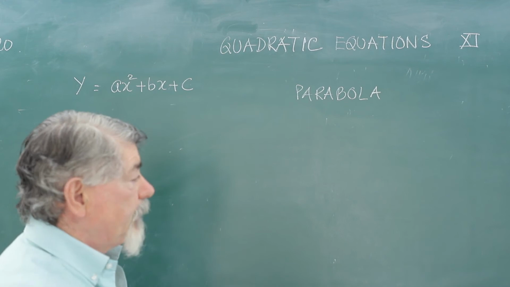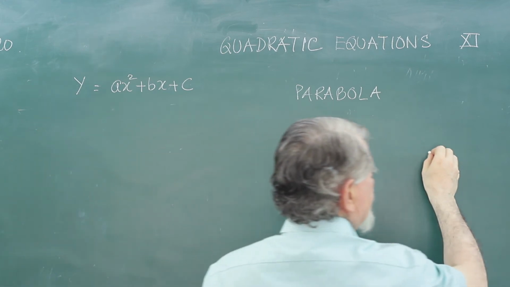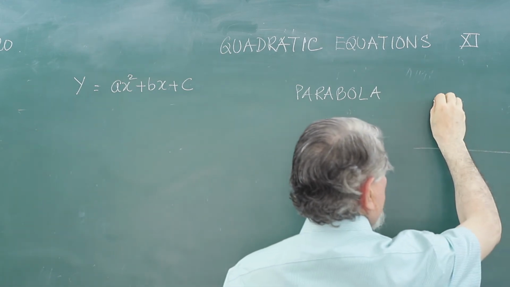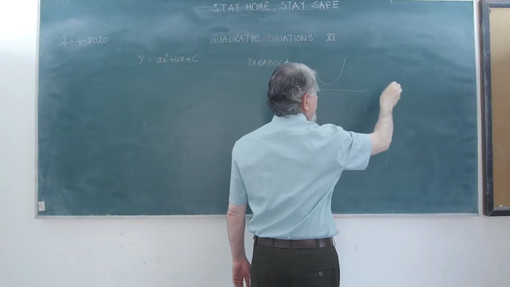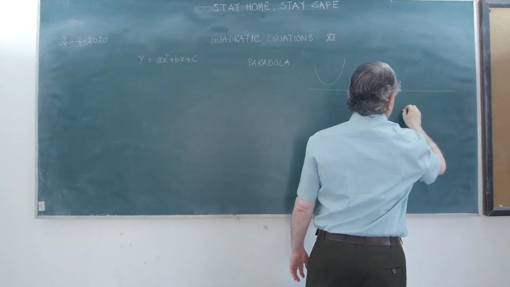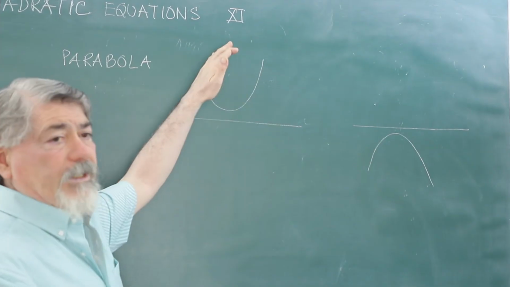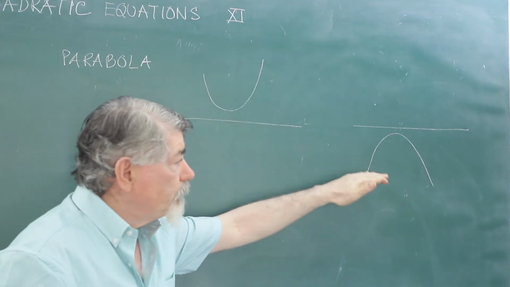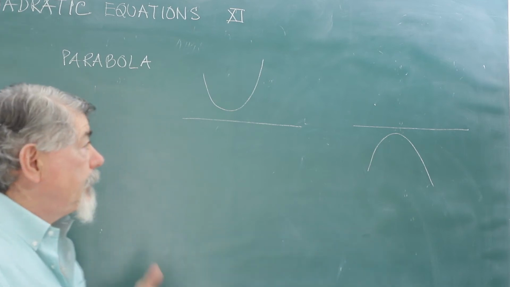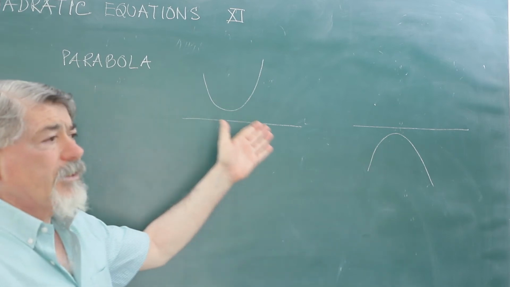What is the shape of the parabola? A parabola can be of this kind or of this kind. Either it will be opening upward or it is opening downward. How do we distinguish that?